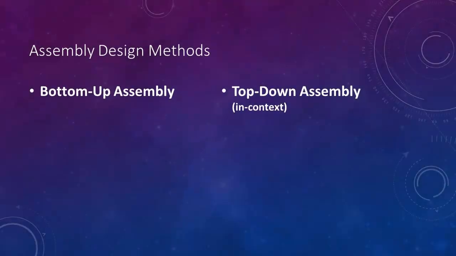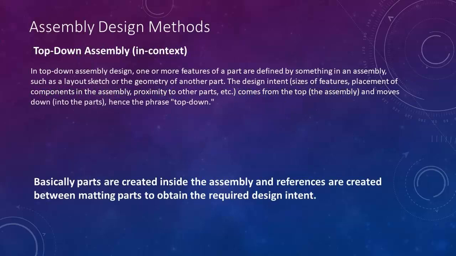Okay, assembly design methods. Basically, we've got two types: bottom-up assemblies, which is what we're going to cover in this class, and top-down assemblies, which I'll look at creating in a future advanced assemblies class. So, top-down assemblies.